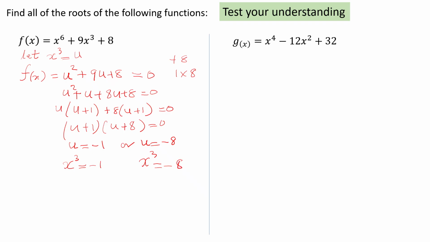If x cubed equals minus 1, take the cube root, so x equals minus 1. If x cubed equals minus 8, then x equals minus 2. If you cube it, minus 1 times minus 1 times minus 1 is minus 1, and minus 2 times minus 2 times minus 2 is minus 8. So this is the answer.